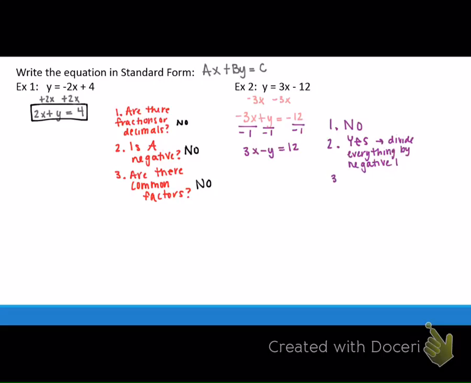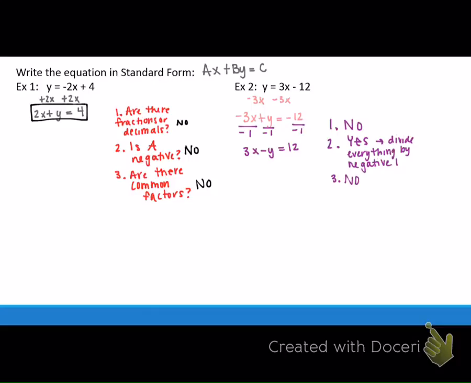And then 3 asks us, is there a common factor? Is there anything other than 1 that can divide into 3, -1, and 12? 3 can go into 3 and 12, but can it go into 1? No. So do we have a common factor? No. So we are done with that.